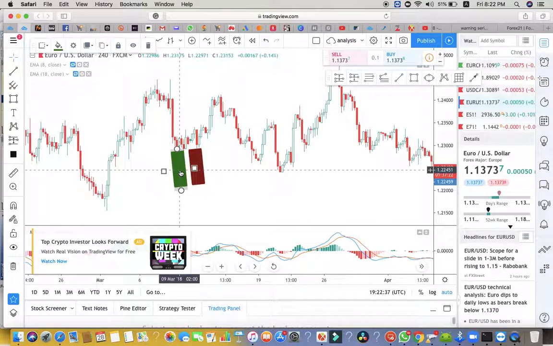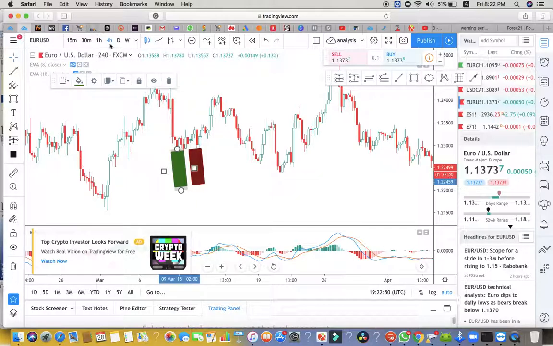How this chart was designed, whenever you see a green, you know the bulls are in control, so it's bullish. So now we saw a green candle formed. That means it was bullish for the whole of this period, because it's the 4 hours time frame that we are working on. So for 4 complete hours, the bulls were in control of the market. Now for the next 4 hours, the bears were in control of the market. That's why we see a green and a red.